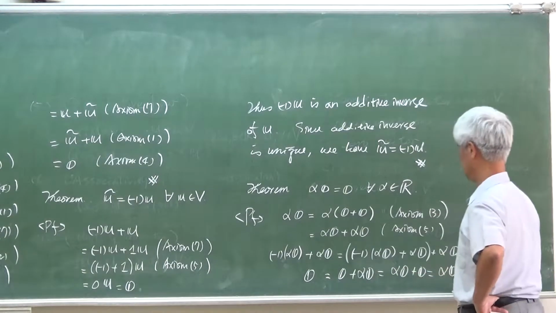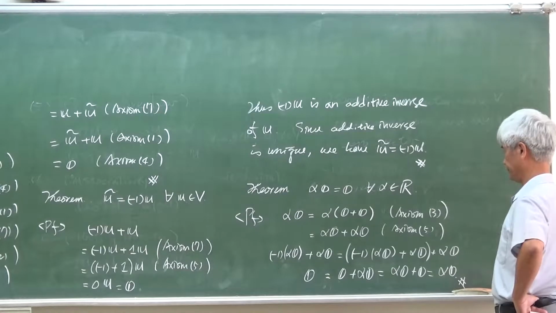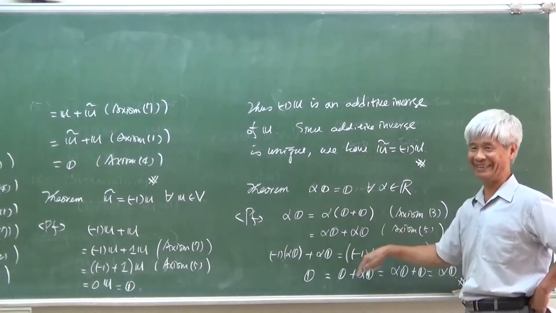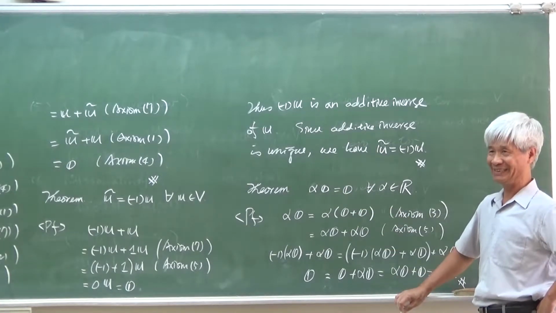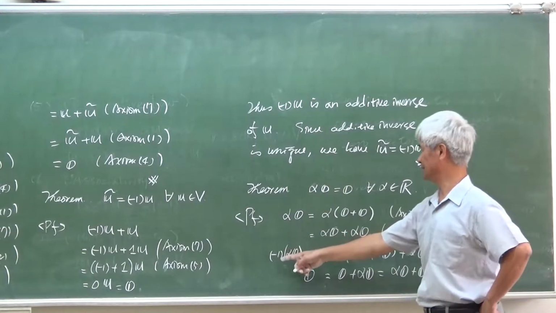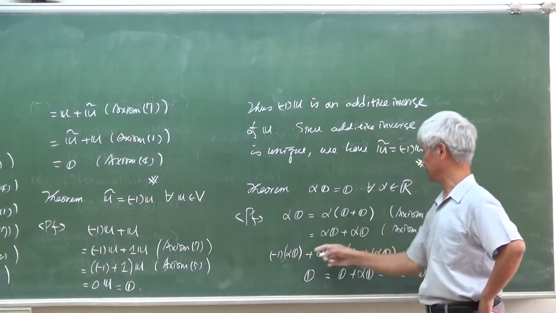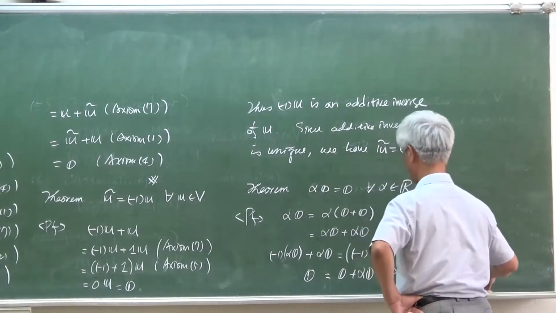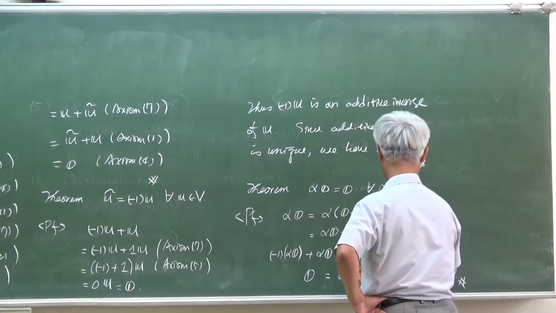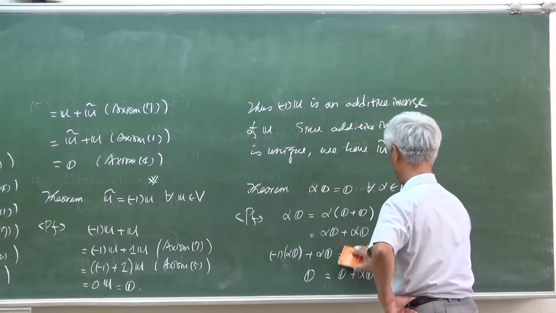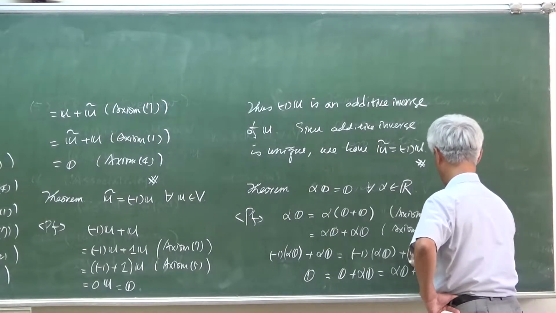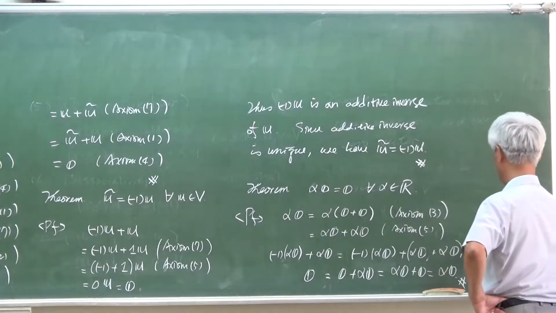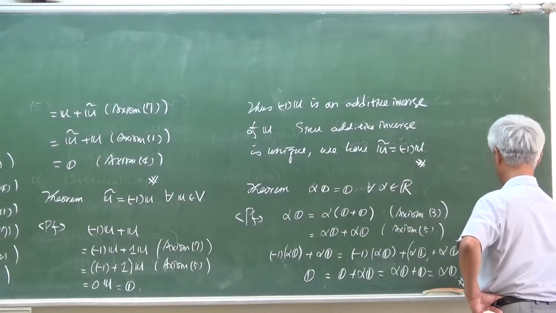So I'm going a little bit faster than before. Is that okay for you? So here I just add this vector on both sides. Maybe you will think I'm too fast. Maybe I write here: originally, when I add them, I have to put the parentheses here, and then I use associativity.